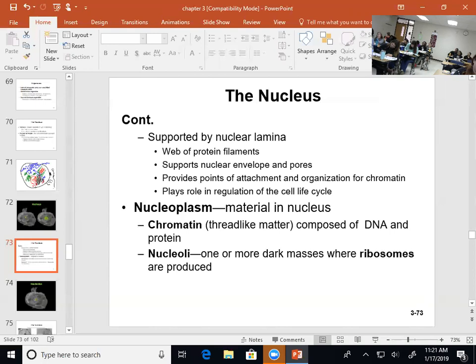And you all know that the first through the 22nd pairs, if this is the 22nd pair, and by the way, they're labeled by their sizes. The first pair is really long, and they're joined near the center. The second pair is really long, and they're joined a little bit closer to the end. And they just get shorter and shorter. But the first through the 22nd pairs are called autosomes.